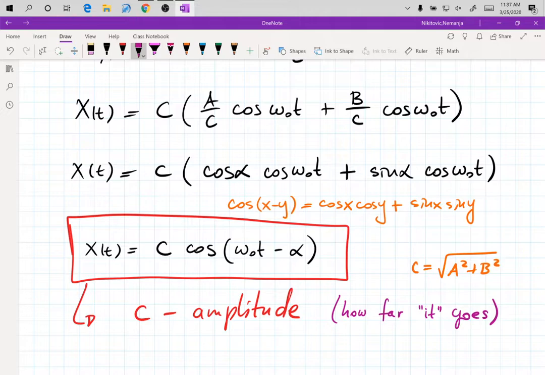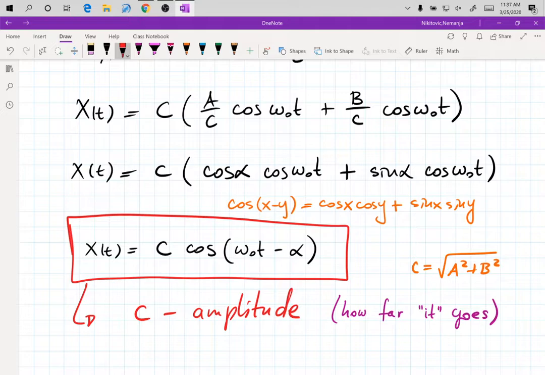How far it goes. What do I mean by that? Well, if you have a pendulum, how far out it goes. If you have a spring, how far out it goes to left and right, and so on. You can also have a spring suspended on the ceiling, right? So how high, up and down. That's that.